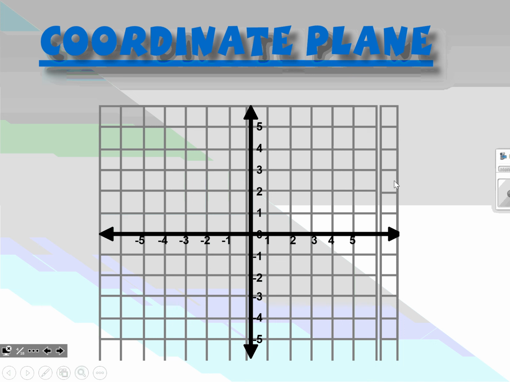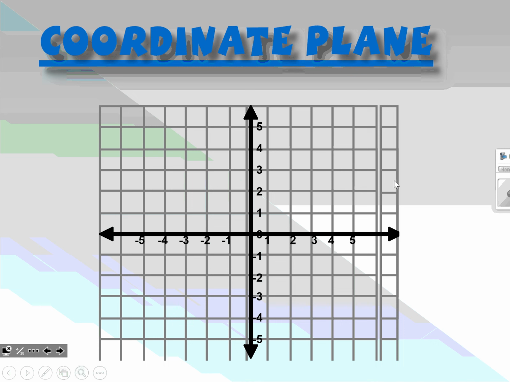If you guys look at the coordinate plane, you guys should see a horizontal number line and a vertical number line. Those boxes around the number line just help you locate certain points. That's called the graph of the coordinate plane.